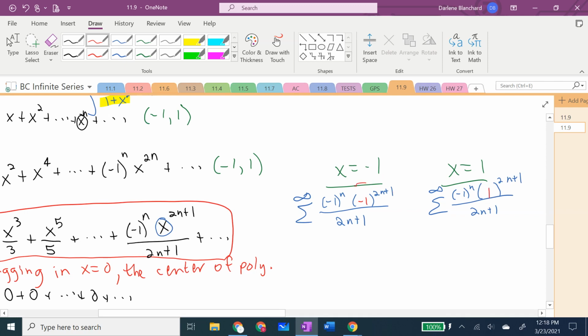Take a good look at this. Negative 1 to the power of 2n plus 1. What does that simplify to? Keep going.